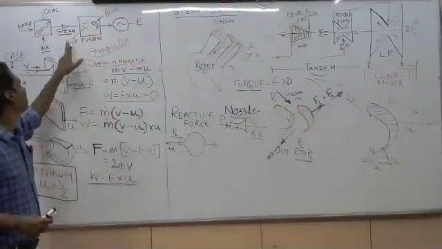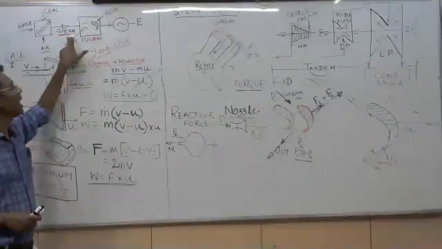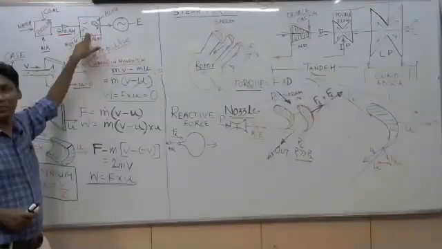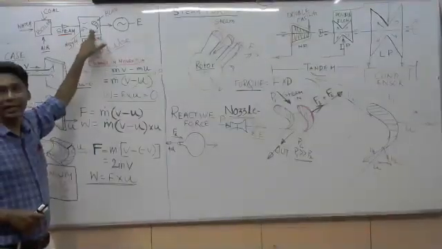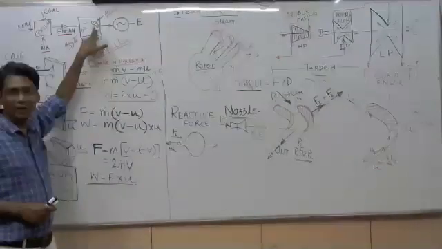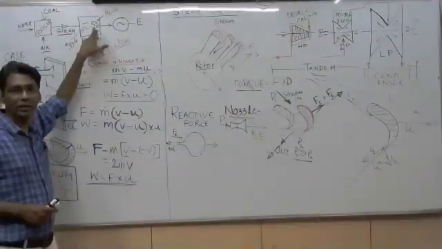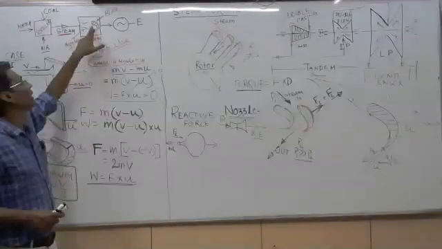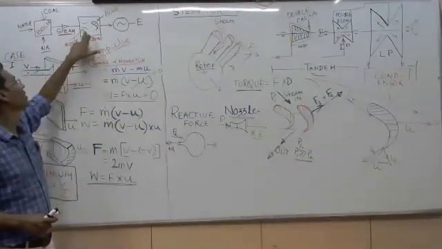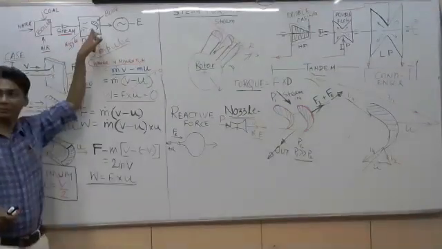The steam containing energy has been converted into kinetic energy in the nozzle. That kinetic energy in turn impinges on the moving blade and makes it rotate. So we have two symbolic items: one is the nozzle, another is the blade.